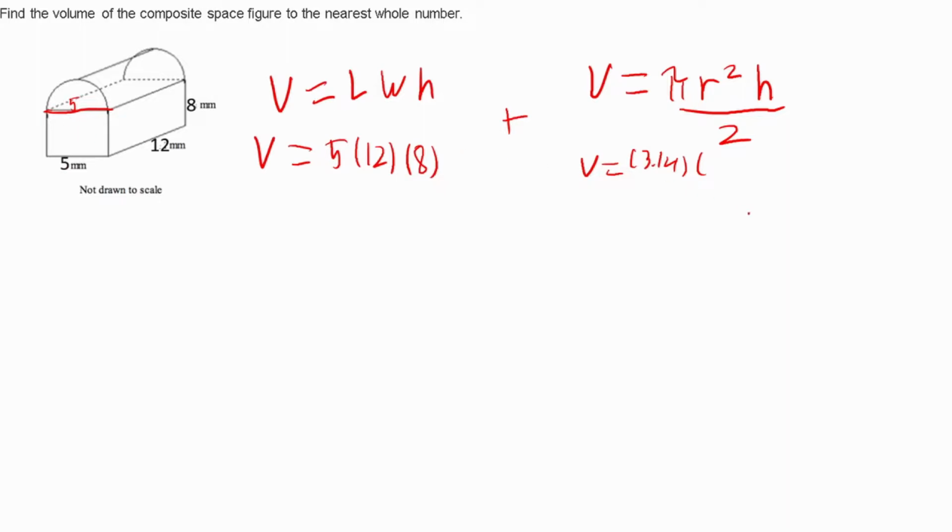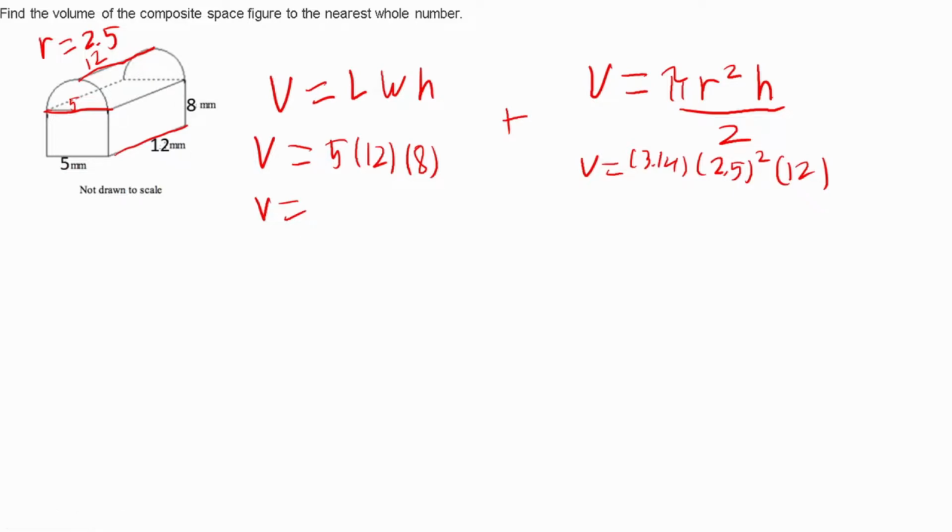So we want to cut that in half, and that's going to give me a radius of 2.5 because it's half of 5. We get 2.5 squared. And then my height, which is going to be this length here, is 12, just like this length. So we get 12. And now we just plug both these into our Desmos calculator.